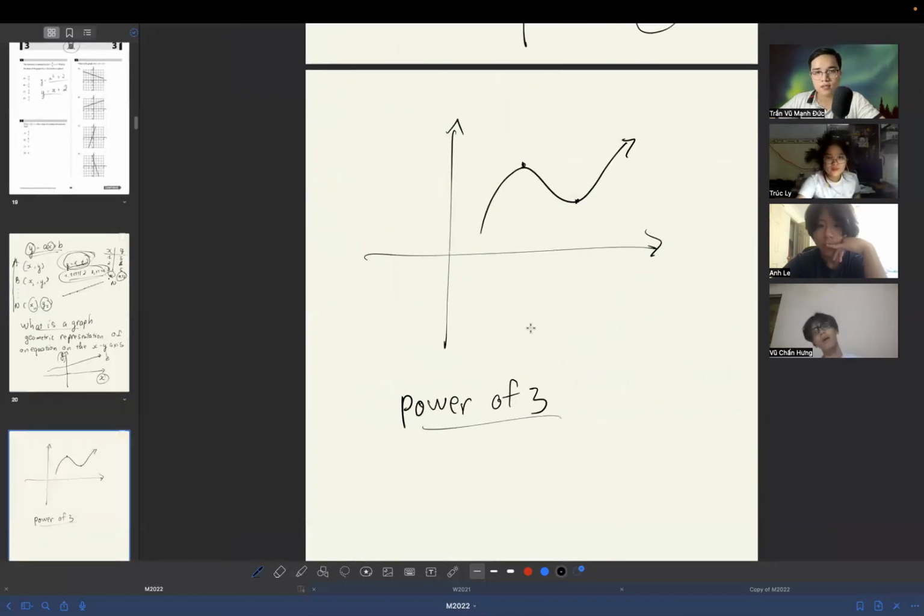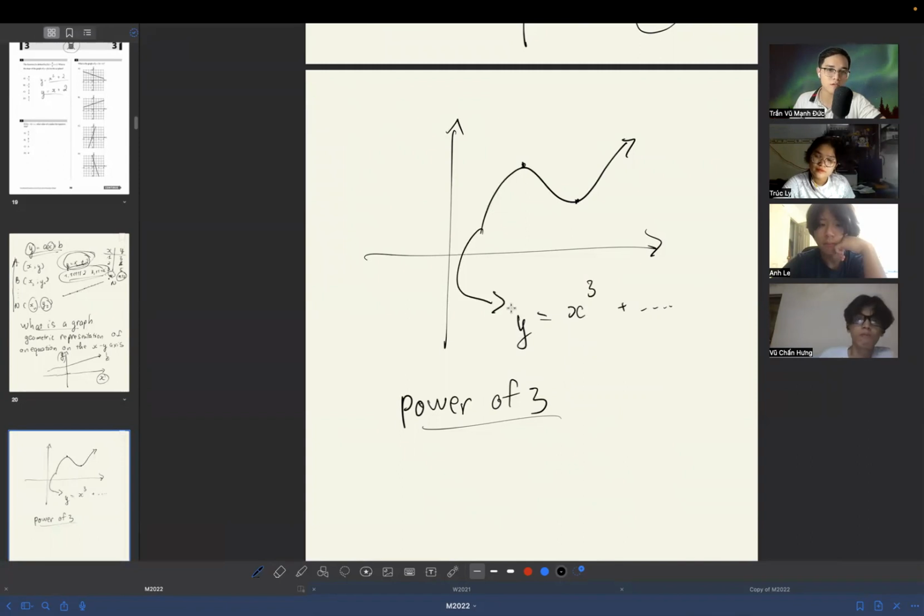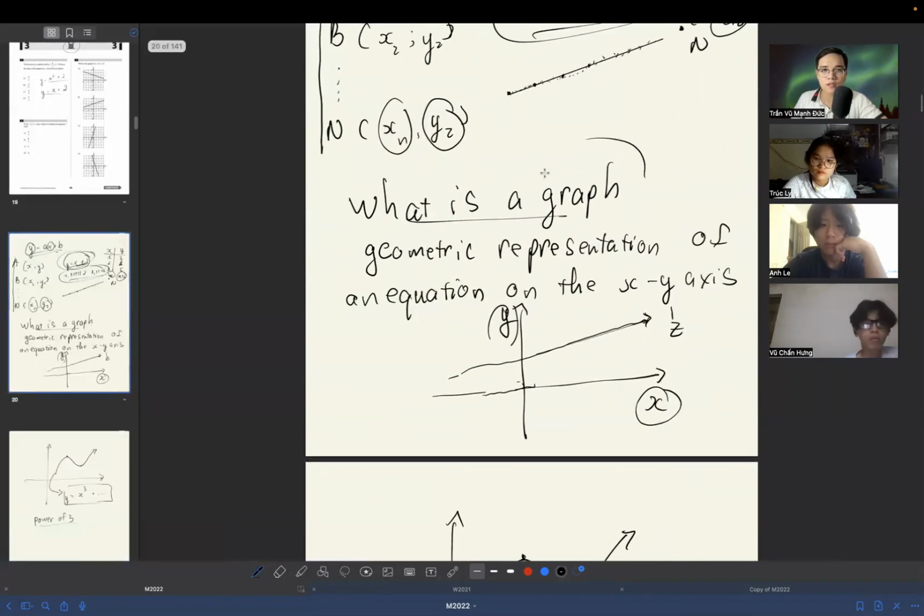It's basically representing in a graph y as x to this something. This is just a representation of this equation. That's basically what a graph is. This is a graph. It's not a linear graph, not any kind of 3D graph or anything. It's a graph. Any graph is a geometric representation of an equation on any axis.